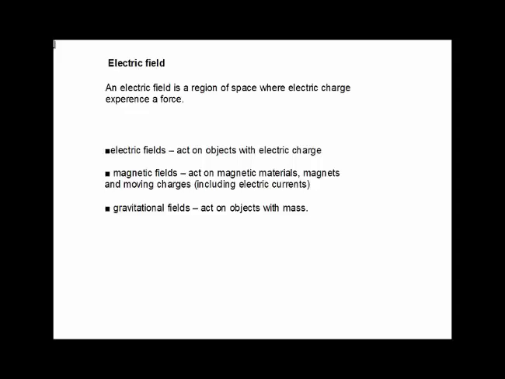Electric field. What is electric field? And here we will read. An electric field is a region of space where electric charge experiences a force. So it means there should be a charge and a region around this charge, and the electric charge experiences a force at any point here.